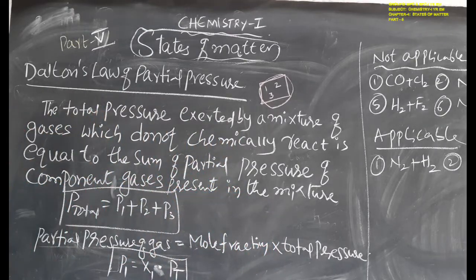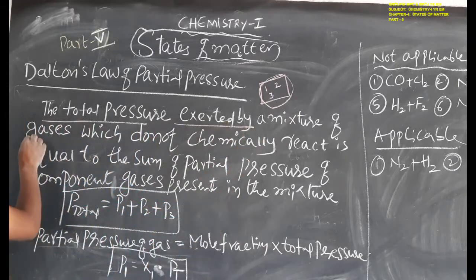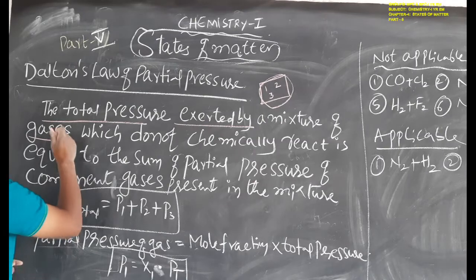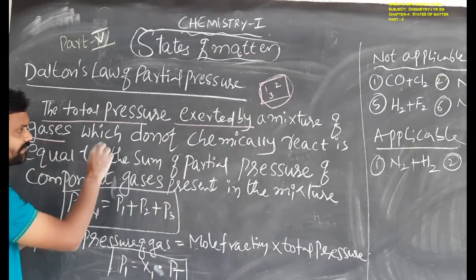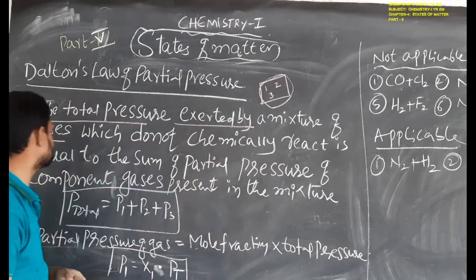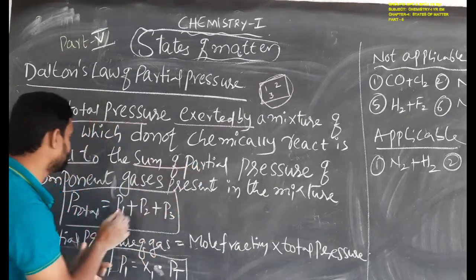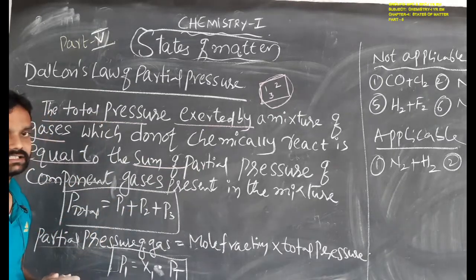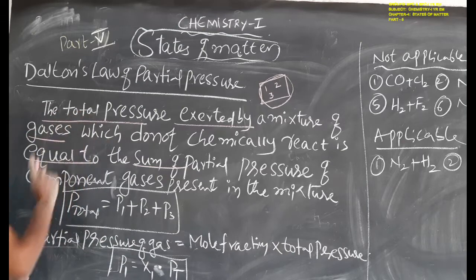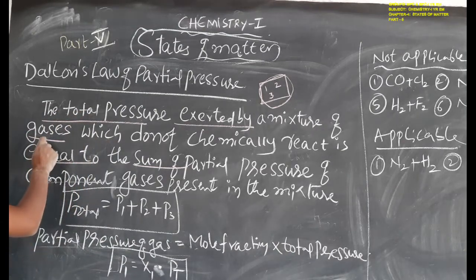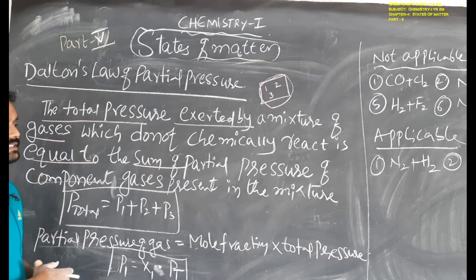So Dalton's law of partial pressure is defined as: the total pressure exerted by a mixture of gases which do not chemically react with each other is equal to the sum of the partial pressure of each gas present in that mixture.